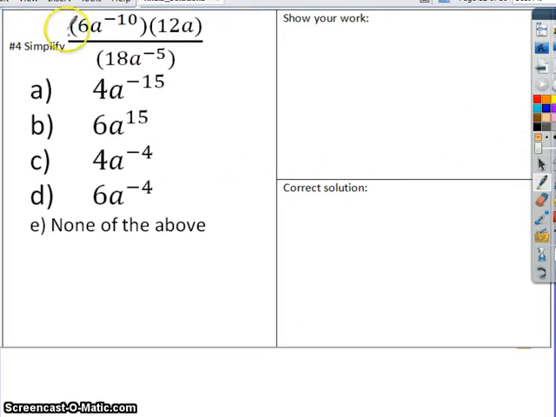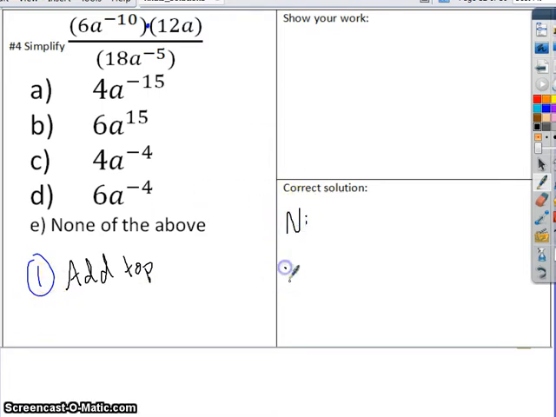This one is a mixture, okay? So this is a mix. First, I've got this thing up here, which is 6a to the negative 10th times 12a. So my first step is to pretend that this denominator isn't even there, right? And the rule for doing that is to add the exponents. So first I'm going to add the top, the numerator, and actually the way I've been doing this works out just fine.